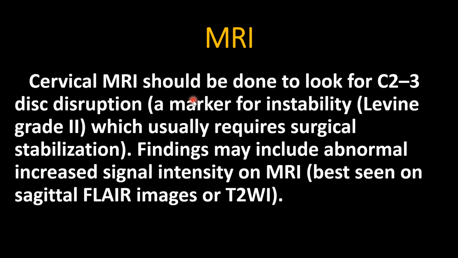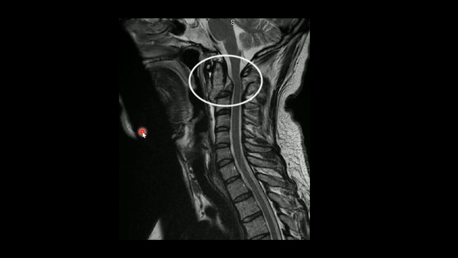MRI is important to check the disc and ligaments, the C2-3 disc and the ligaments, and also we can see all soft tissue elements. Here we can see the disc disruption as it is clear in the MRI. Sagittal T2.